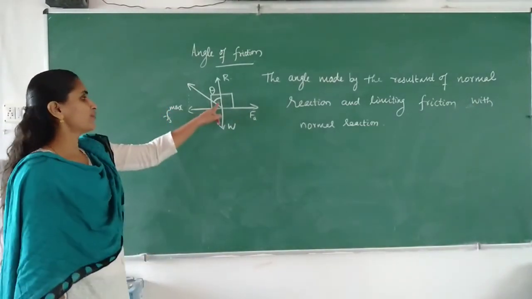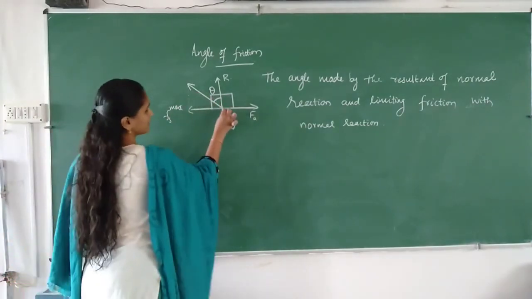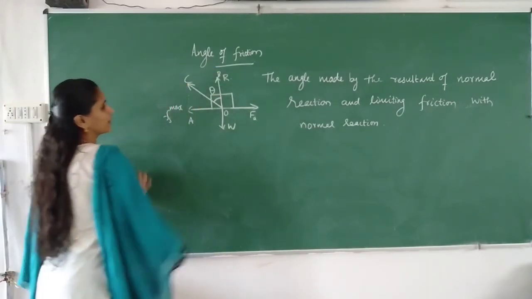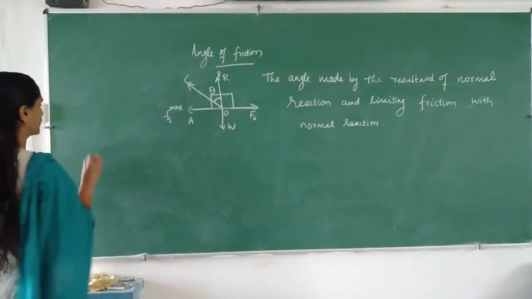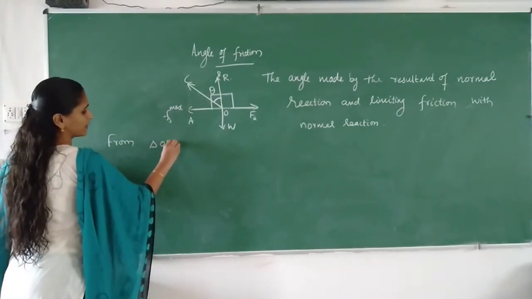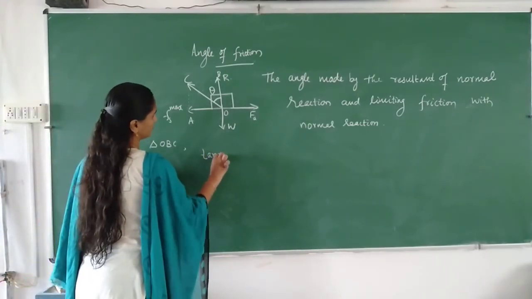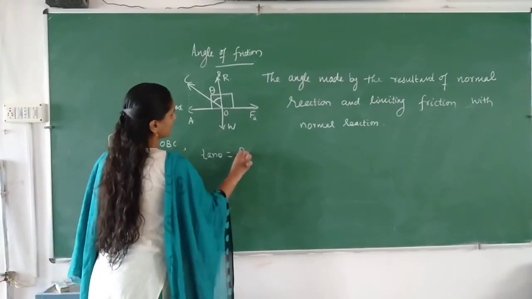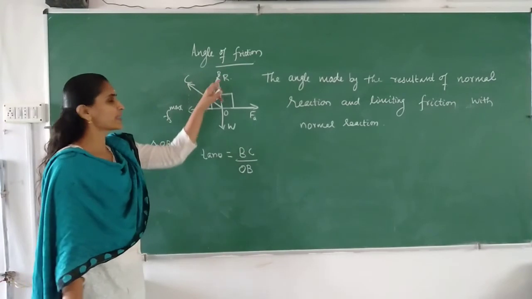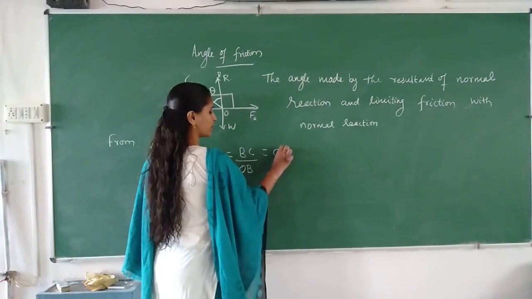So we can find an expression for this angle. From the triangle OBC, tan theta is equal to BC by OB, and BC can be written as OA, so OA by OB.